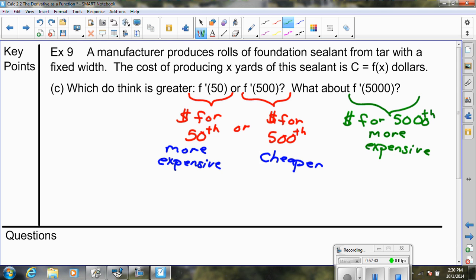Chances are, though, the 5,000th, without knowing the specific equations, it's probably going to be cheaper than the 50th, but maybe not. In large part, it depends on what the specific equation is, and we don't have a specific equation to really examine and see.